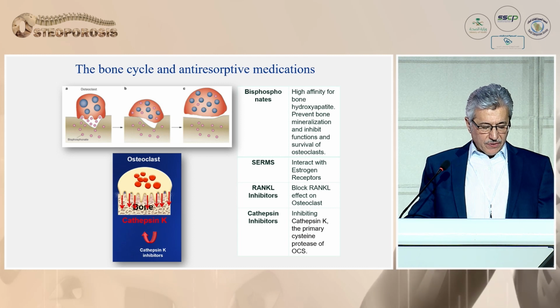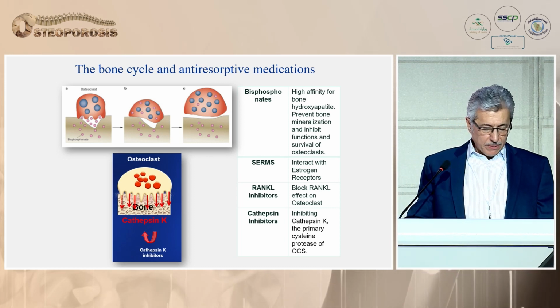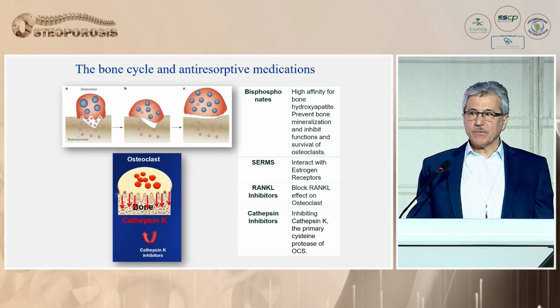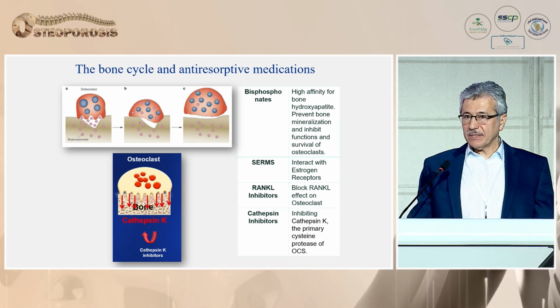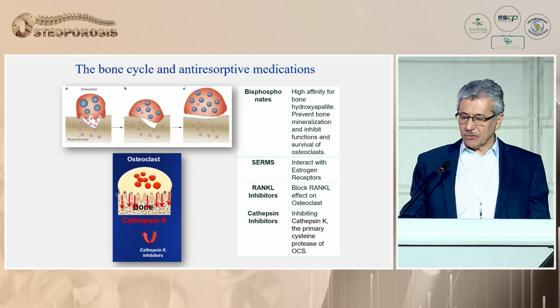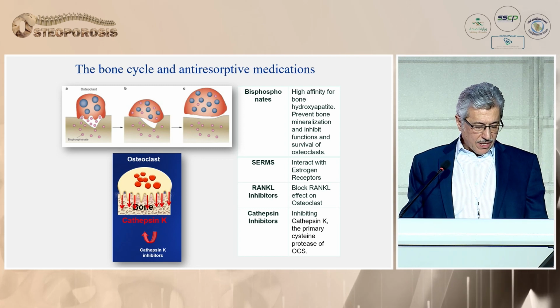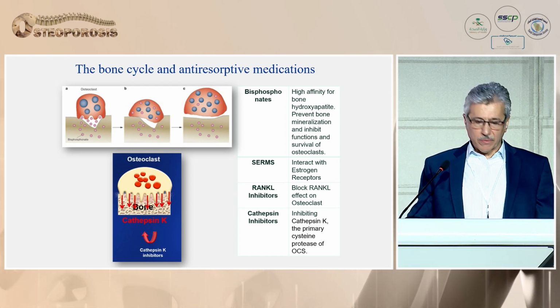And then we have the RANK ligand inhibitors, or denosumab. And we did for a while, however, this was stopped, which is the cathepsin inhibitors medication, odanacatib, which unfortunately was stopped after its development.